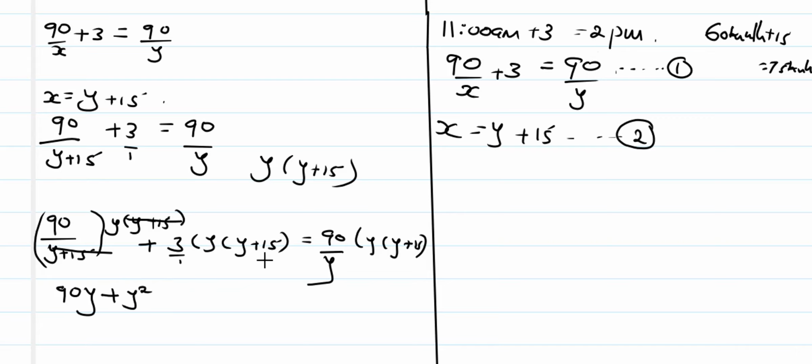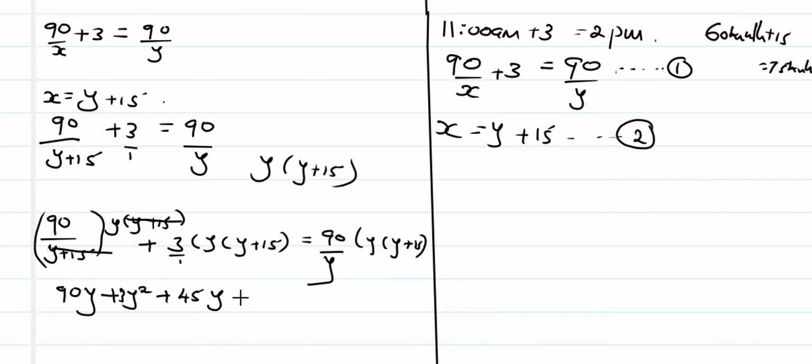Then again, y multiplied by 15 will be 15y, plus 15y. But you see, we also have a 3 here, so 15y multiplied by 3 will be 45y. Then here I forgot to multiply by 3, so it will be 3y squared.